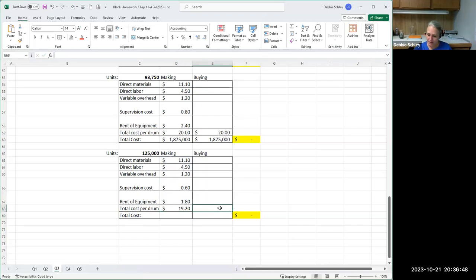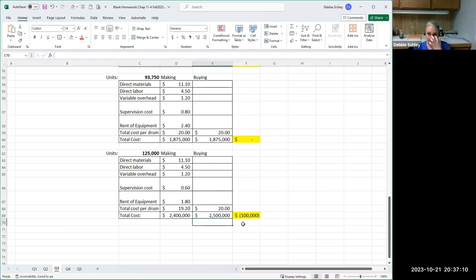And this is again still that same $20. So this equals $19.20 times 125,000 units, and this equals $20 times 125,000 units.